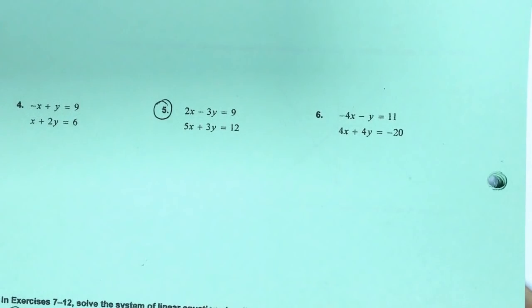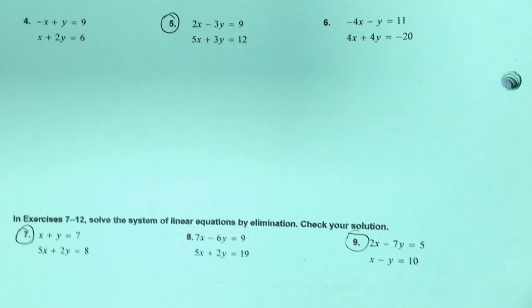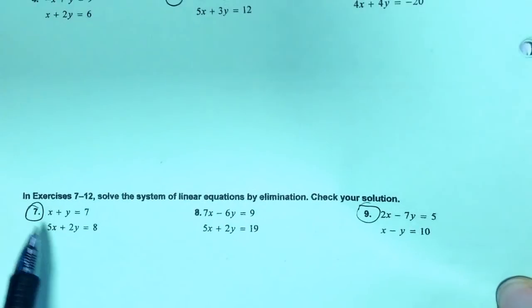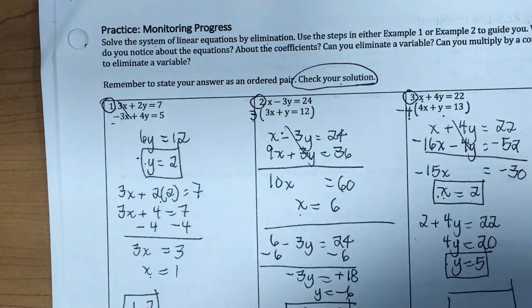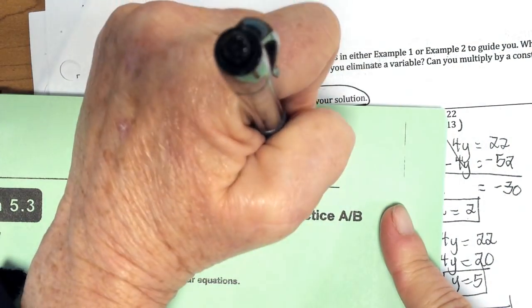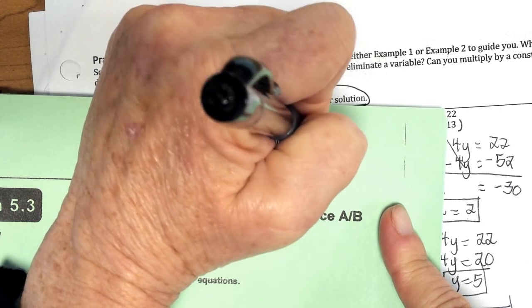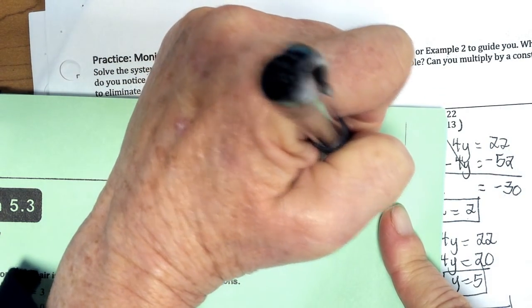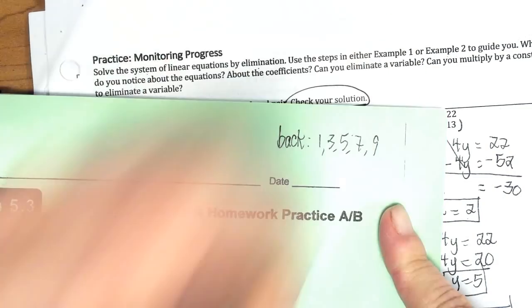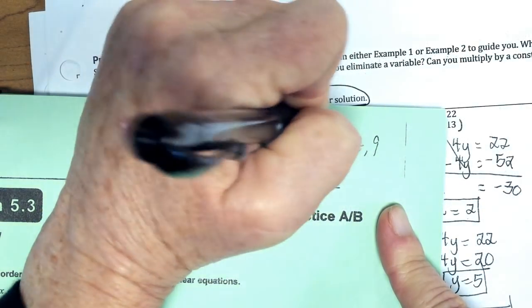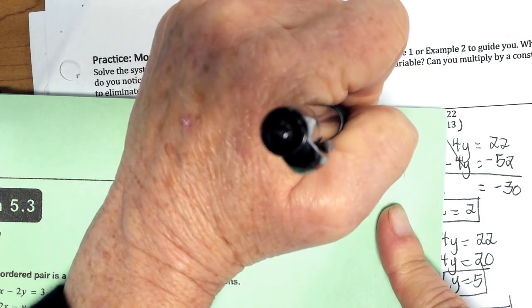You have lots of ways to practice. So on the back page, I'm going to write this right here: back would be 1, 3, 5, 7, and 9. And on the front, make sure you do all of the problems.